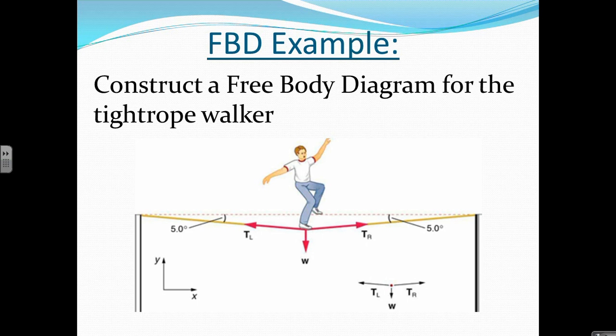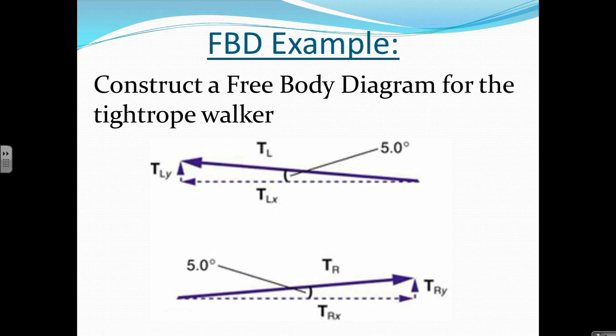And this is exactly what we do here. We take this tension to the left, tension to the right, and we relabel it as tension to the left in the x direction, tension to the left in the y direction. Those two components are mathematically equivalent to tension to the left. And we do similarly for tension to the right. We have tension to the right in the horizontal direction, tension to the right in the vertical direction.